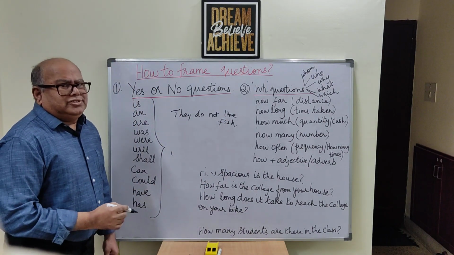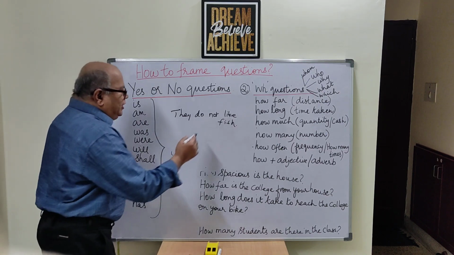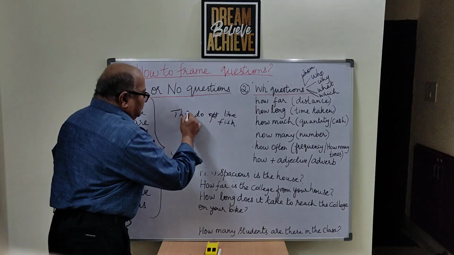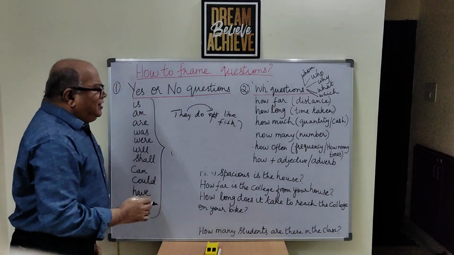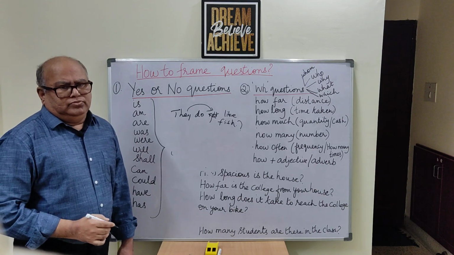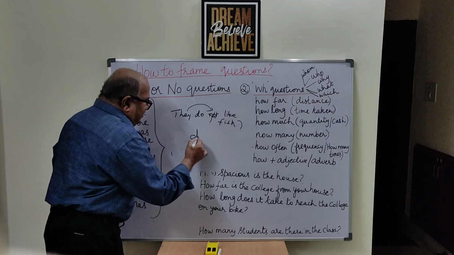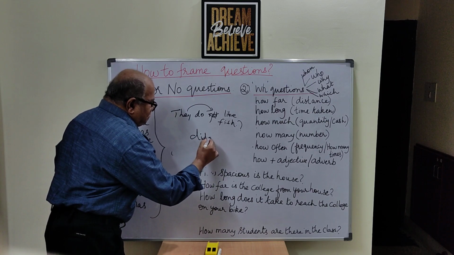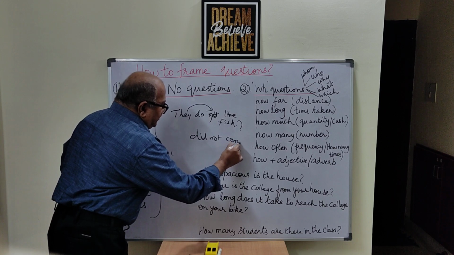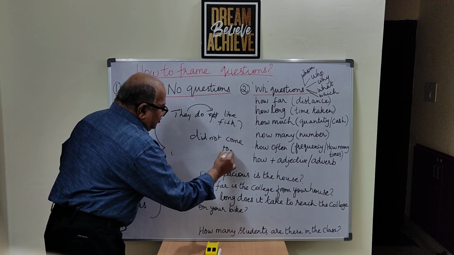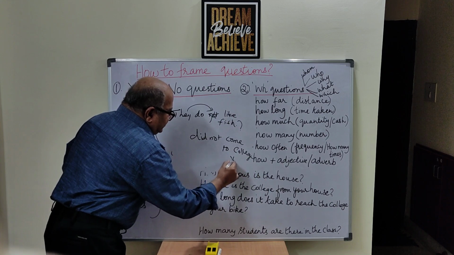Okay. So this is a negative sentence. They do not like fish. You remove not and put it here, it becomes a question. Do they like fish? The same thing.